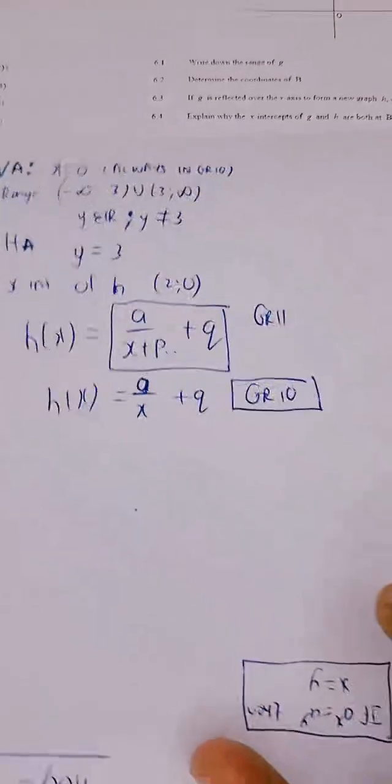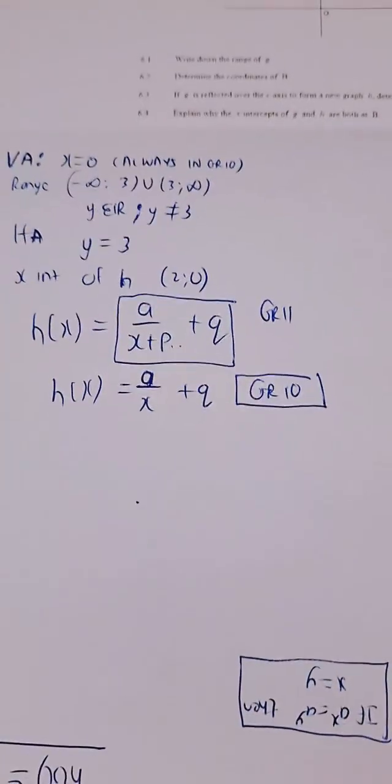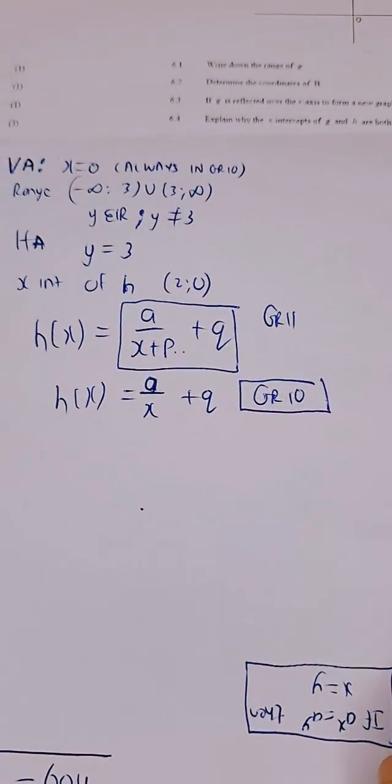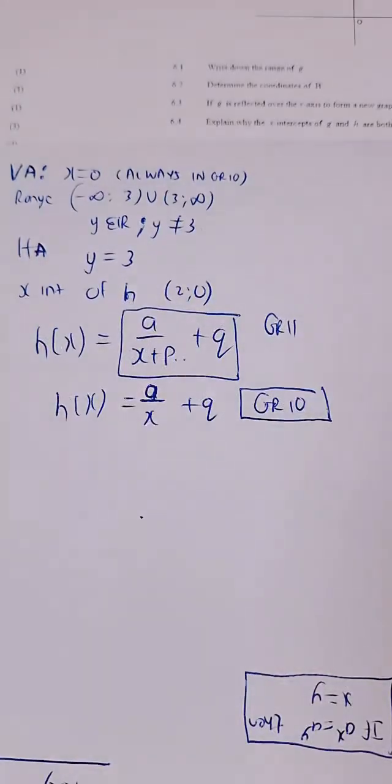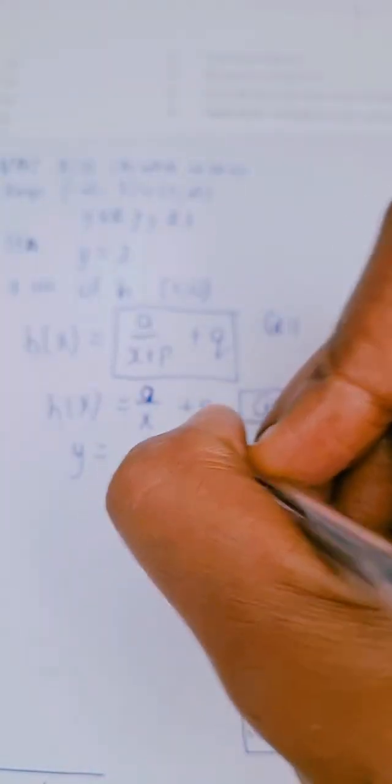So now we can venture forth and answer the question to find the equation of the hyperbola. Already we have the horizontal asymptote, so I'm going to say y is equal to a over x plus 3. 1 mark.